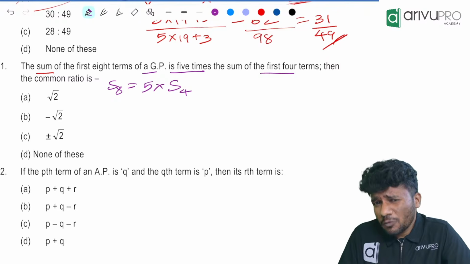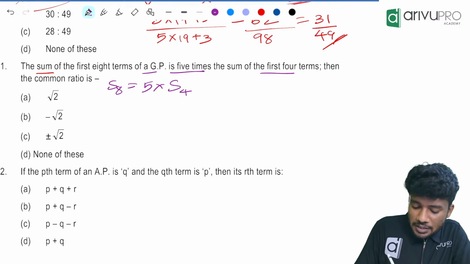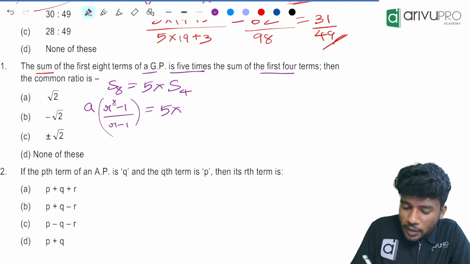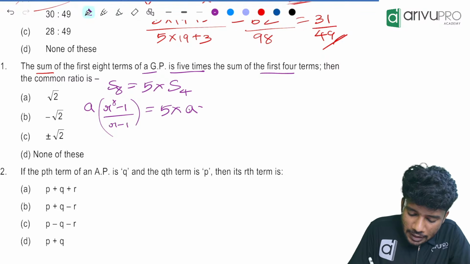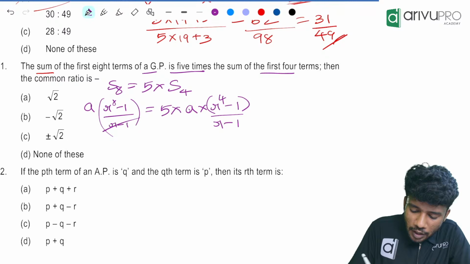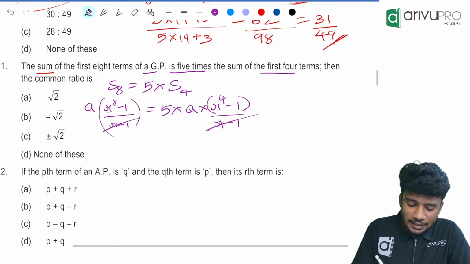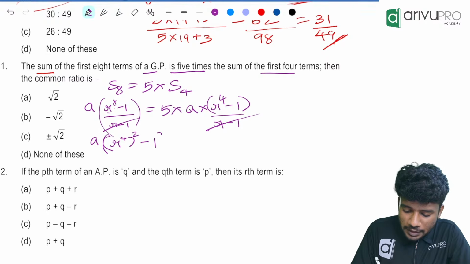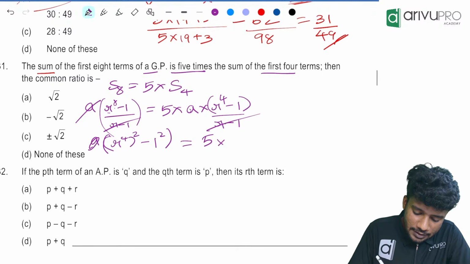S8 is A into R raised to 8 minus 1 divided by R minus 1, which is equal to 5 into A into R raised to 4 minus 1 divided by R minus 1. So R minus 1 cancels. Then this can be written as A into R raised to 4 the whole square minus 1 square, which is equal to 5 into, I can cancel this A also, right?